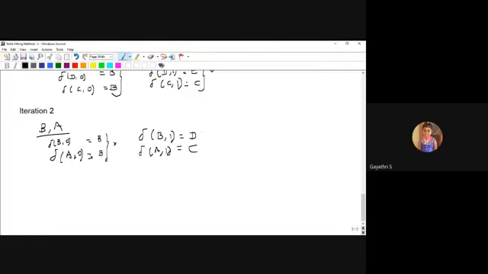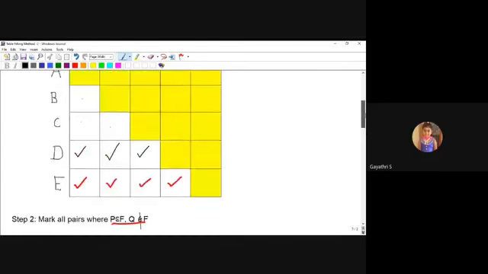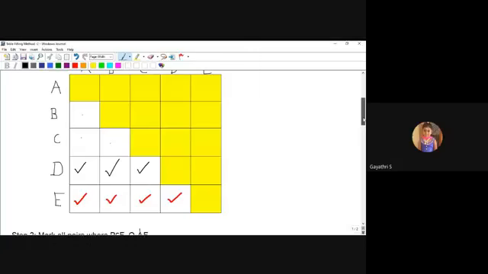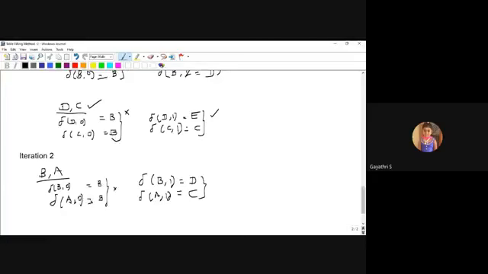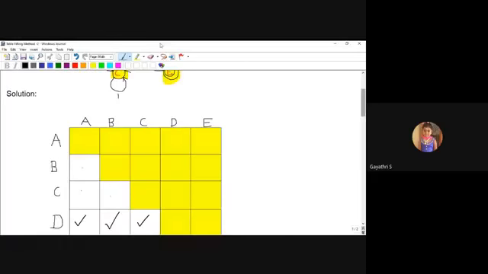I'm going to check whether CD or DC is marked. This was already marked in iteration 1. So since DC is marked, I'm going to mark BA. So make it as different.